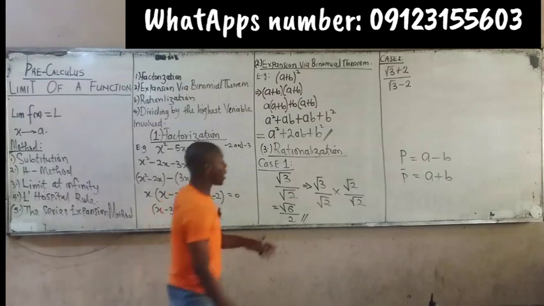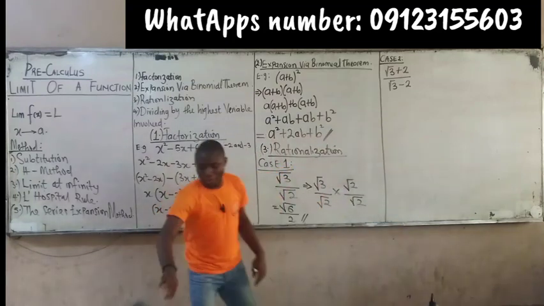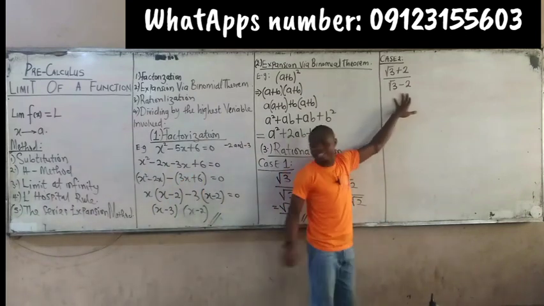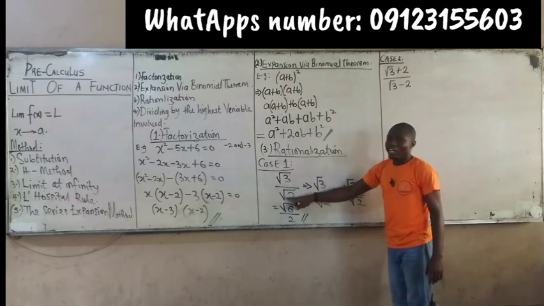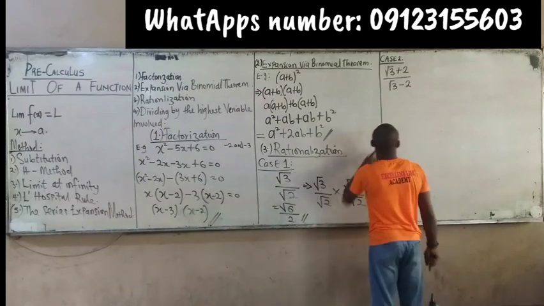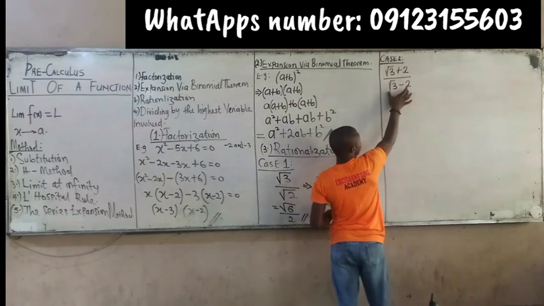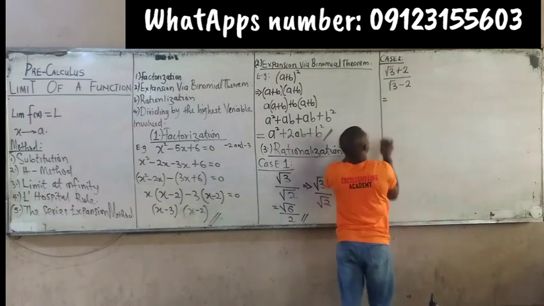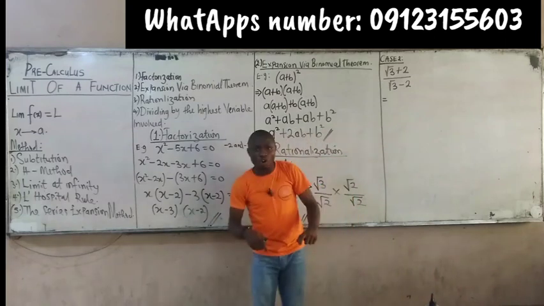So let's proceed to solving this problem. For this question, we just said it's not proper leaving a root in the denominator. So what do you do? You rationalize. Your first step is to multiply numerator and denominator by the conjugate of the denominator.